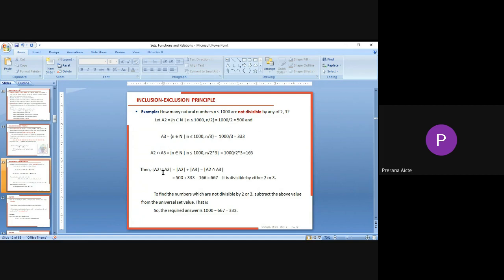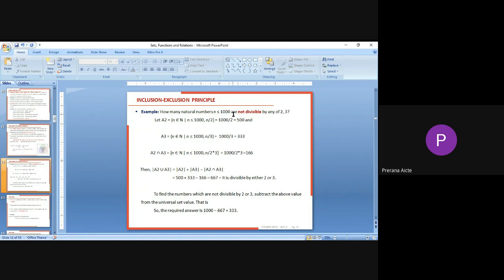If you want to find the number of elements divisible by 2 or 3, that is given by n of A2 union A3, which is the number of elements in A2 plus the number of elements in A3 minus the number of elements in A2 intersection A3. So that is 667. This is the number of elements divisible by 2 or 3.